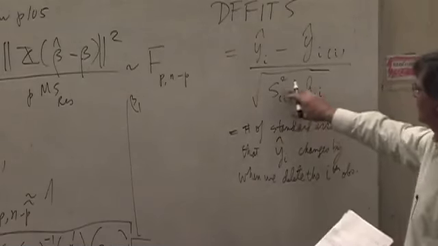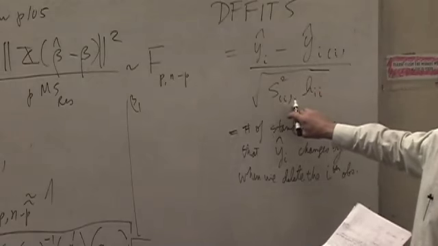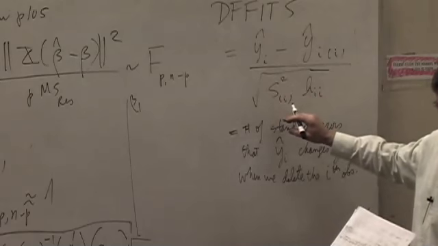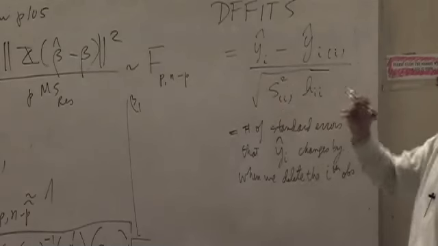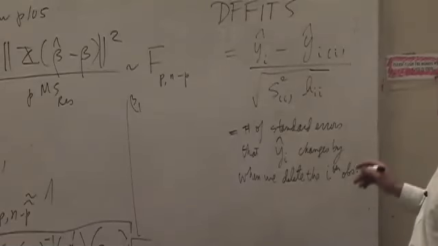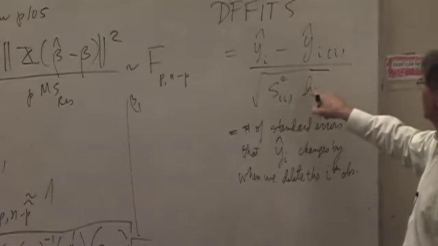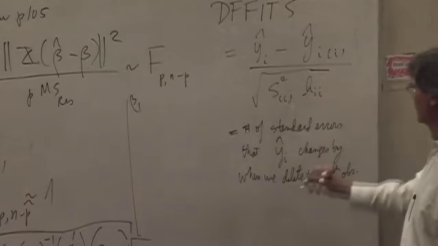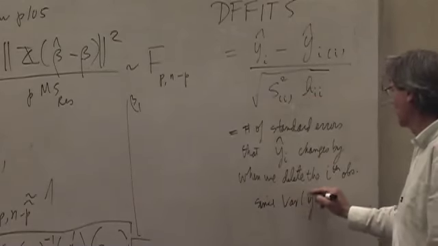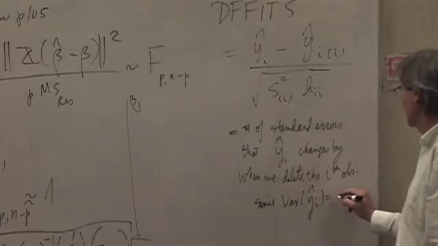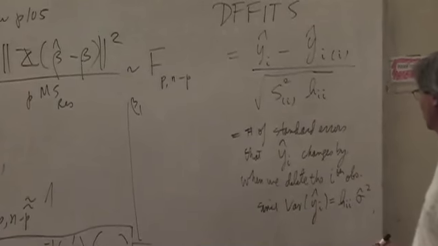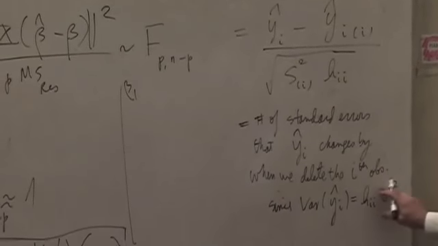And you say, well, why didn't they put a sigma hat squared in here instead of the S_(i) squared? Well, that's just to accentuate it a little bit, the S_(i) squared. Throw that in there. That's because the variance of y_i hat is h_ii times sigma squared.